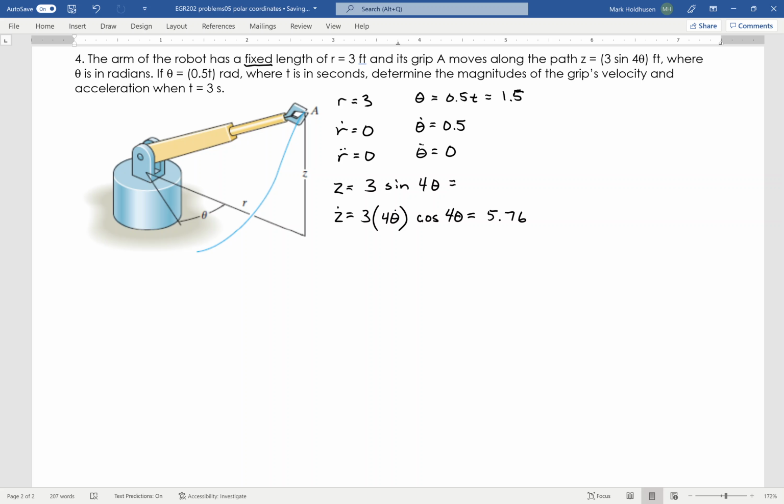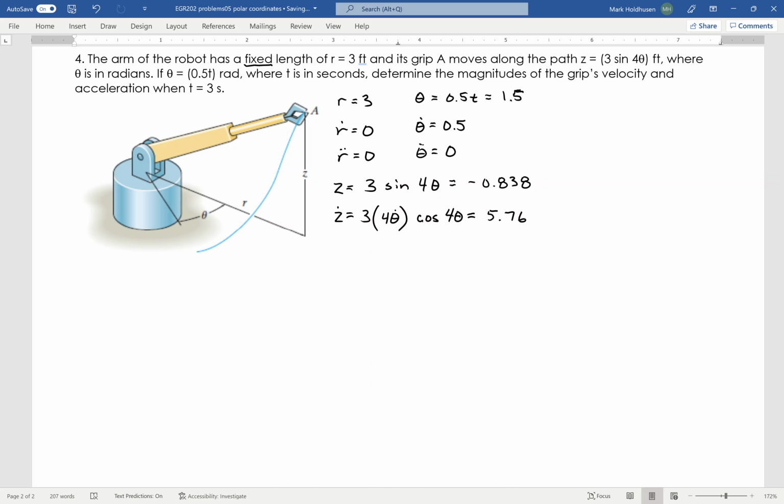Now, just when you type these into your calculator, make sure you're in radians. Again, when we start doing calculus on angles, we kind of have to use radians, unfortunately. So just make sure you're in radians. And then this becomes negative 0.838. So again, they gave me z. I know what theta is when time is 3 seconds. Plug that in and get z. I take a time derivative, plug everything in to find z dot.